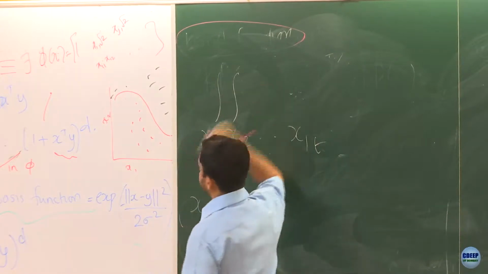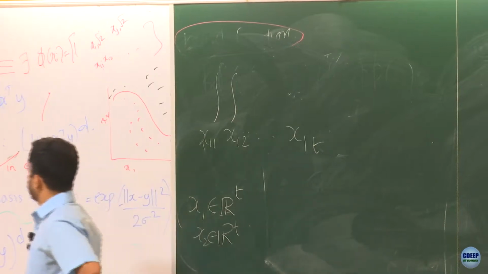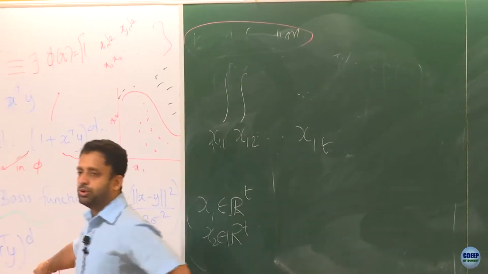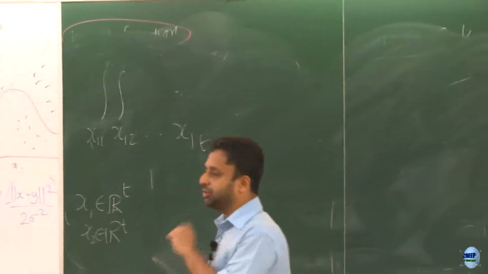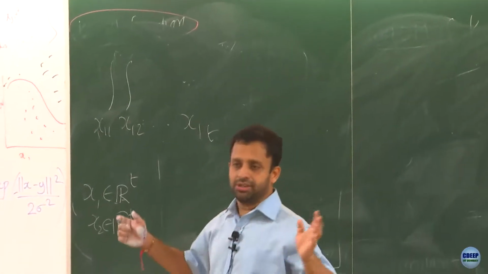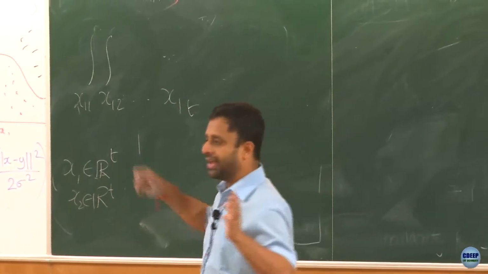So I have this polynomial term, and the moment I look at x1 transpose x2 raised to d, I am looking at the summation over all indices of x1j x2j raised to d.